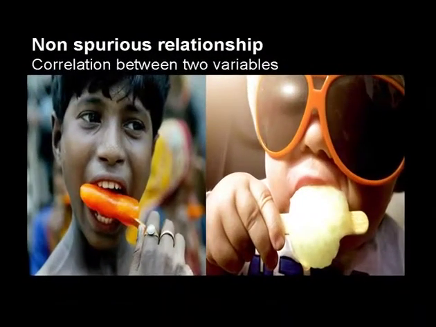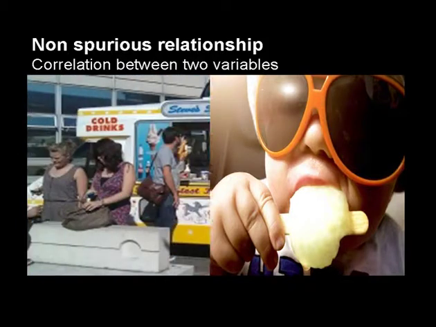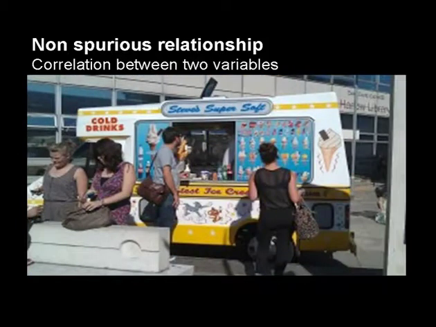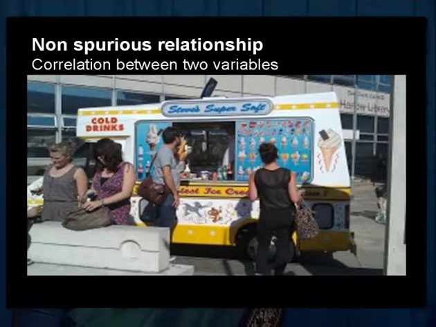Here we find the relationship spurious. The second one is non-spurious relationship. When there is a possible correlation between two variables, it is non-spurious relationship. For example, ice cream sales and summer season.